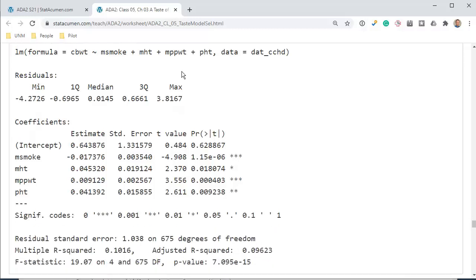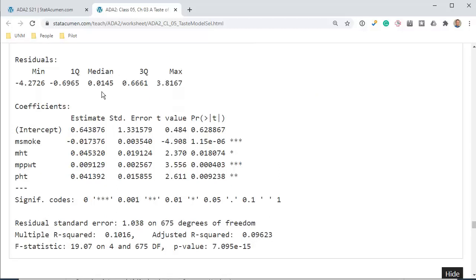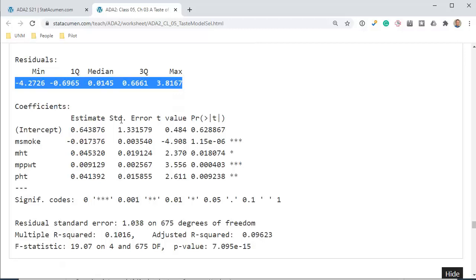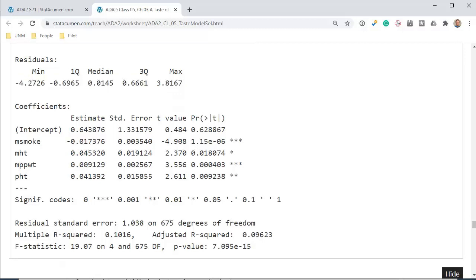All right, so let's look at this model here. The residuals look somewhat symmetric in terms of their 5-number summary, centered close to 0, and the quartiles and the min-max are roughly symmetric. That's good. We're still explaining a little over 10% of the variability, so we haven't lost that much explanatory power.